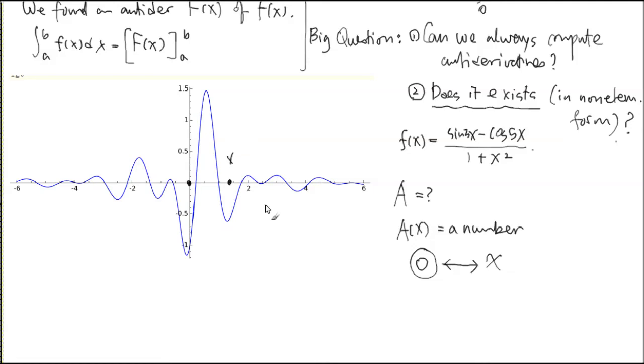This is my random x I located. The next thing is that you consider this net area. Here's a little bit of negative area down there. Here's a little bit of positive area there. There's a little bit of negative area there, right? And then you calculate the net area over this interval I gave you, 0 to x.